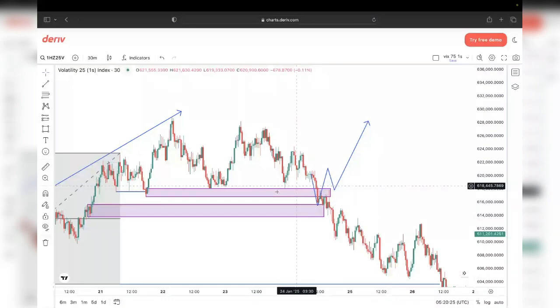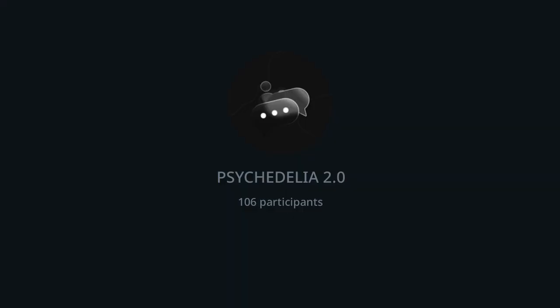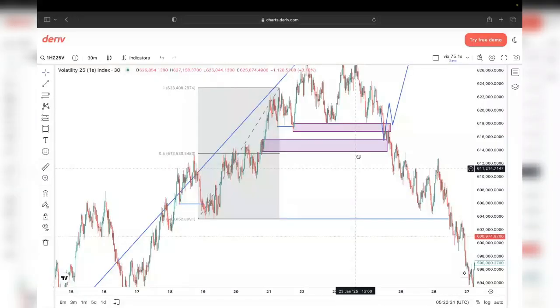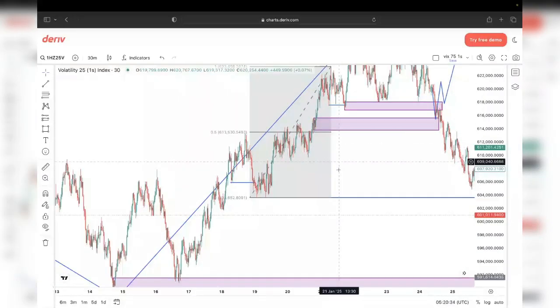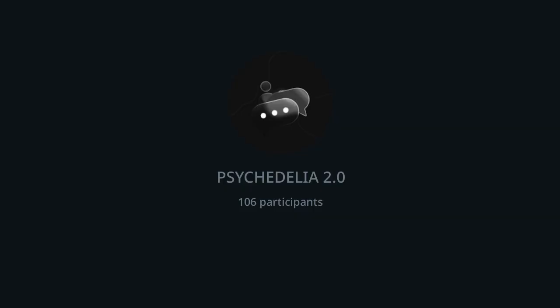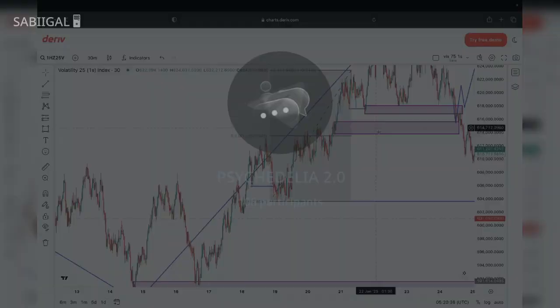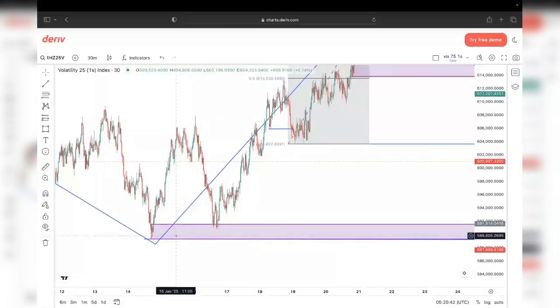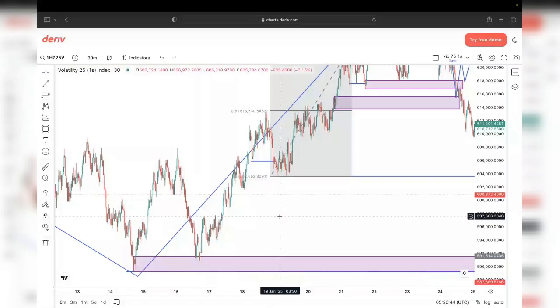Now, once that happens, it means this is disruption of the order flow. We are now heading to the external. What made this place a valid external is because it had three internals, so it's three or more internals.